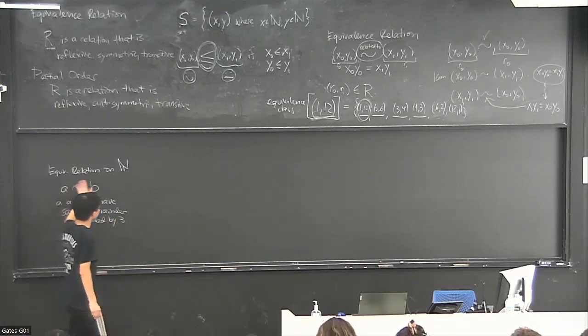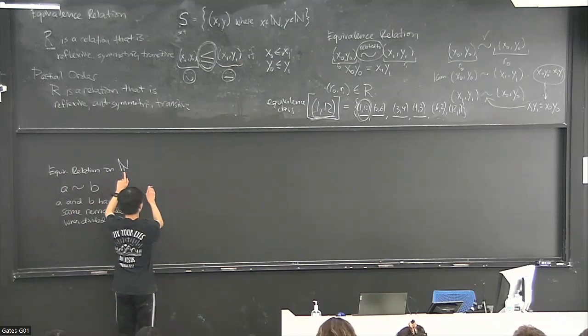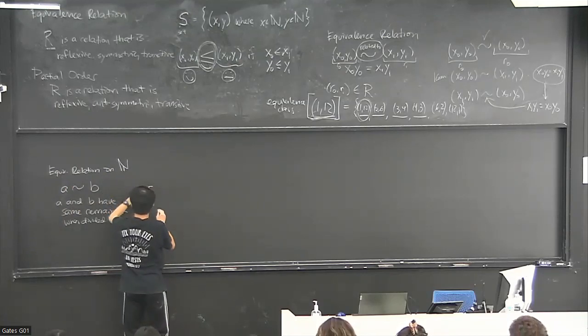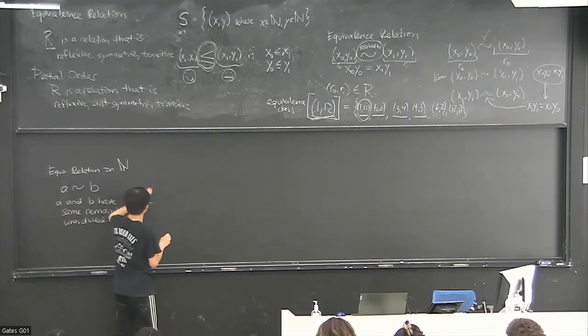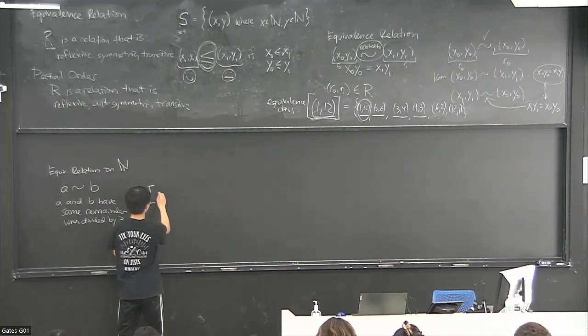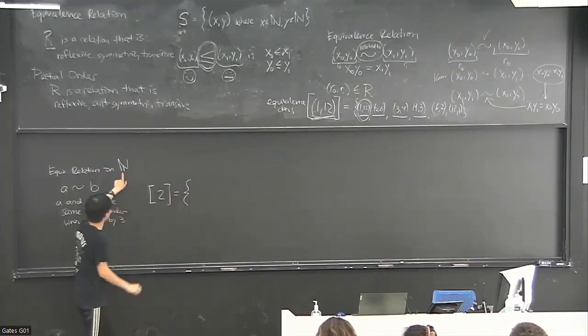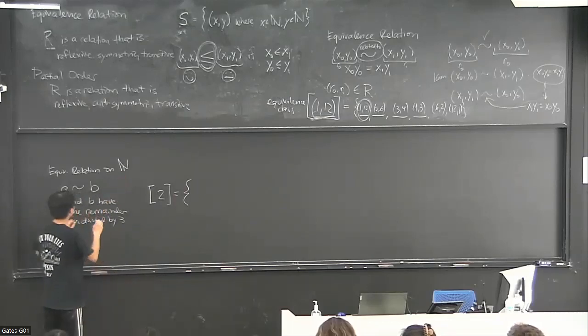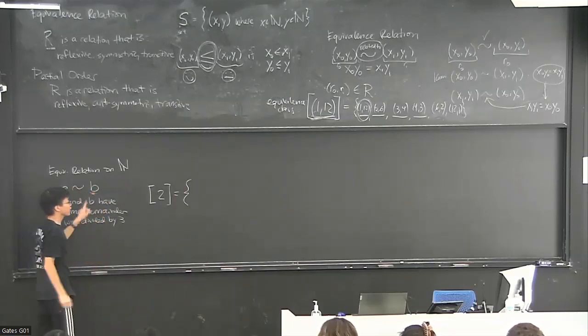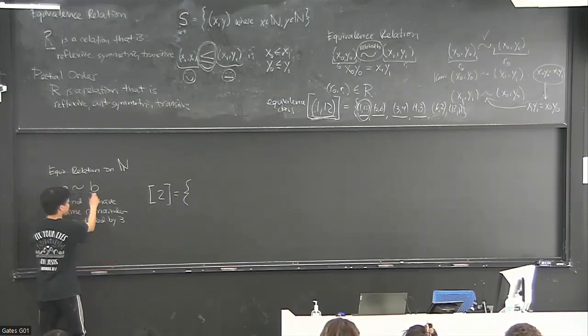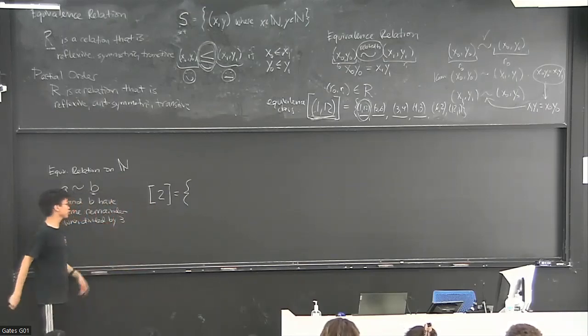So what is the equivalence class now of 2? The equivalence class of 2 is everything inside. Here, what are we comparing? We're comparing naturals. What does it mean for two naturals to be the same?